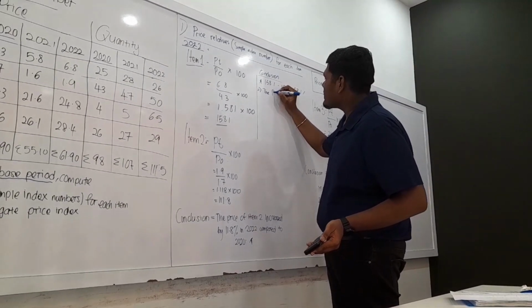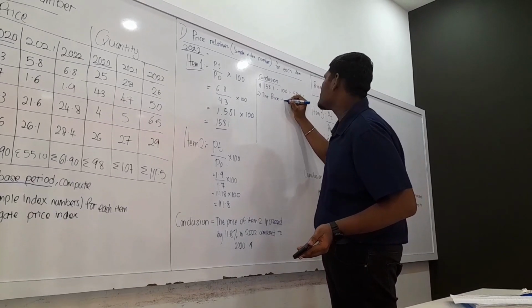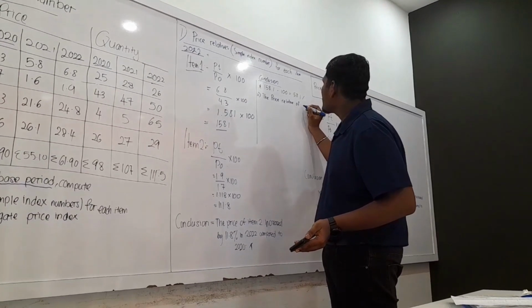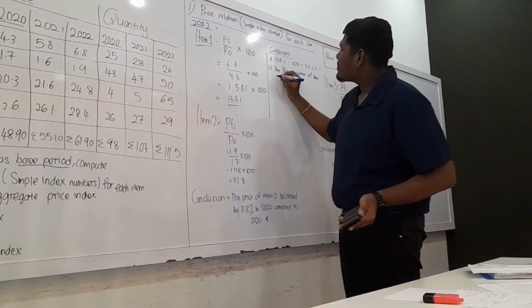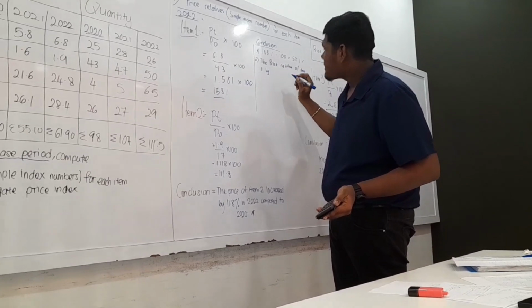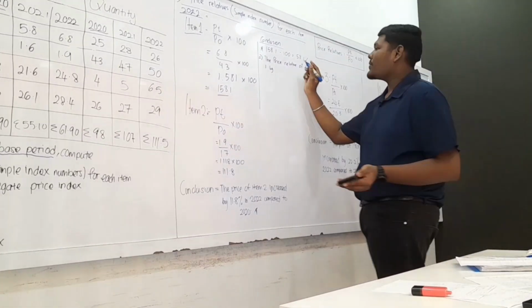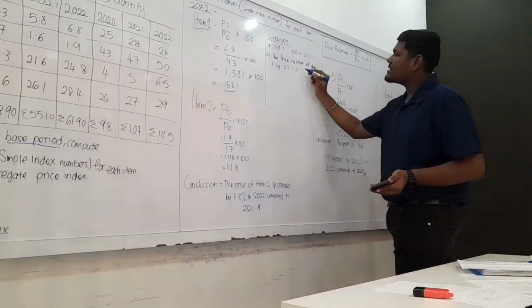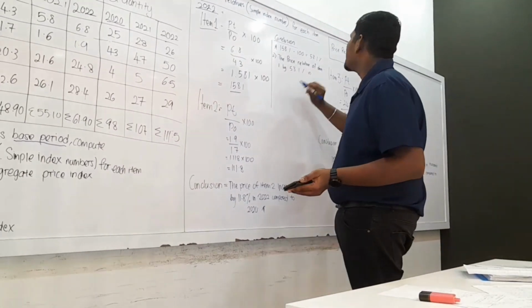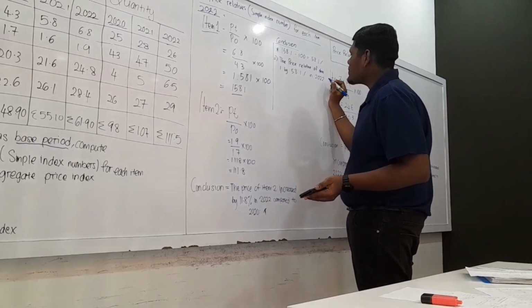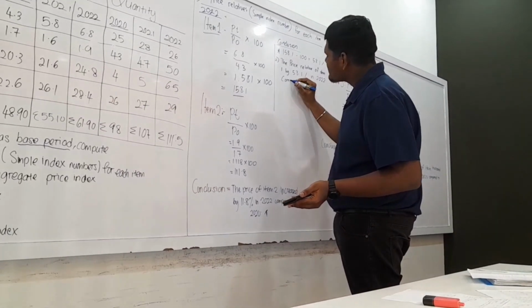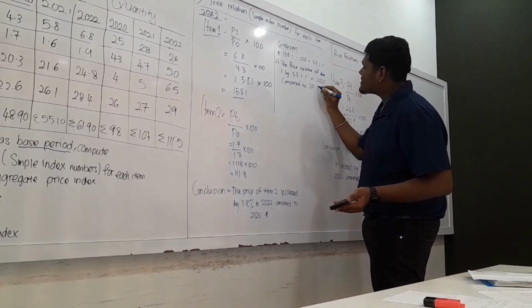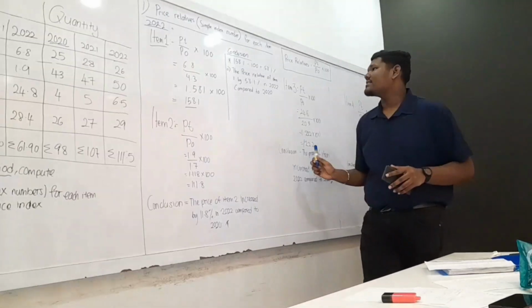The price relative of item 1 is 58.1 percent in 2022 compared to 2020, which is the base year. So this is the conclusion.